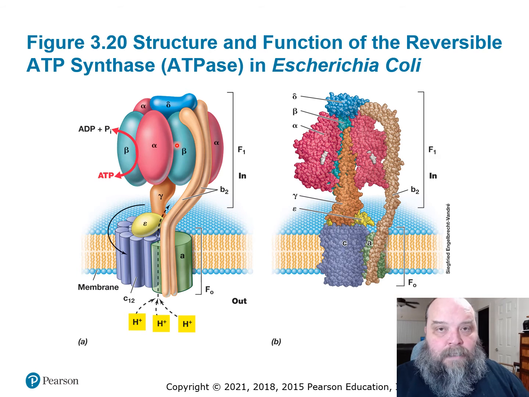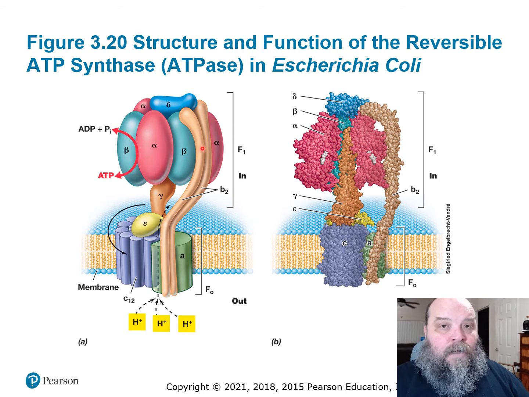This spinning is caused by the flowing of hydrogen on one side of the membrane through the base to the other side that has an extremely low concentration of hydrogens. Think about that. The proton motive force, you have the flow of hydrogens causing mechanical energy, the spinning of ATP synthase.